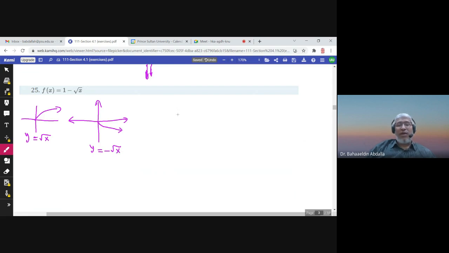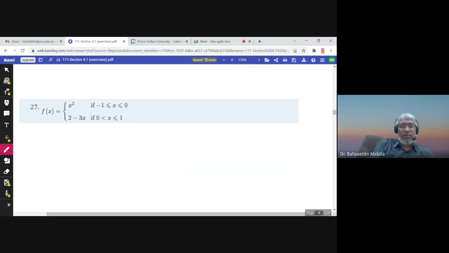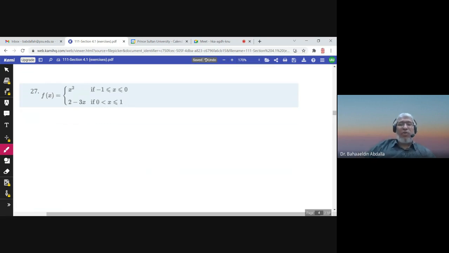And then taking the graph 1 unit up, plus 1 means we take it 1 unit up. And this would be the graph of 1 minus square root of x. And this goes to negative infinity. So f of 0 equals 1 is absolute maximum. And it is not local because it's an endpoint, and no local minimum, no local maximum. This is a piecewise function.